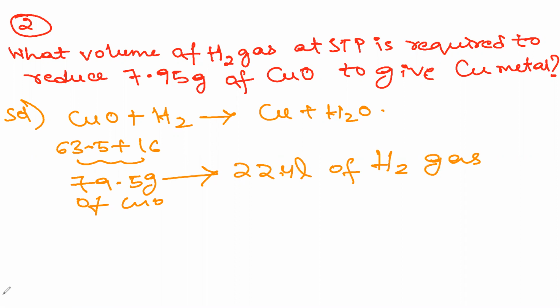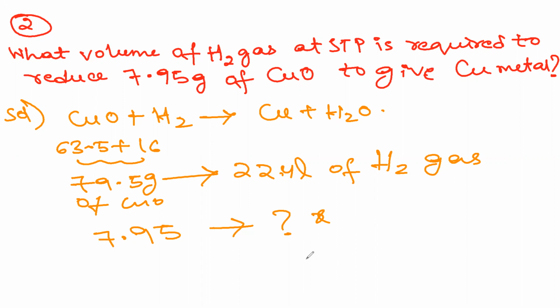So what volume of hydrogen gas at STP is required to reduce 7.95 grams of cupric oxide to give copper metal? Based on the mole concept, the cupric oxide molecular weight is 79.5 grams, so 79.5 grams combines with 22.4 liters. So 7.95 grams combines with how many liters?